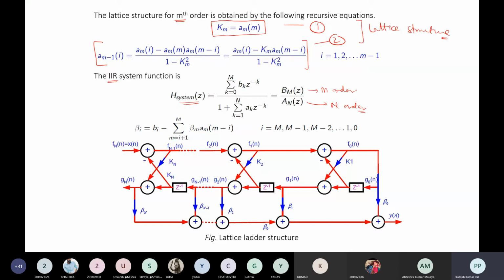So if only the denominator polynomial is there, only poles are there, we know how to design the lattice structure for this all pole IIR system. So that we have gone through.